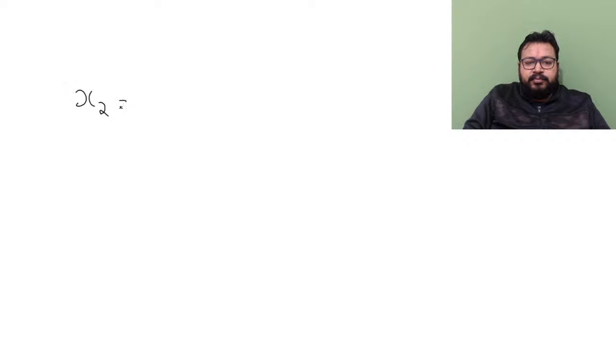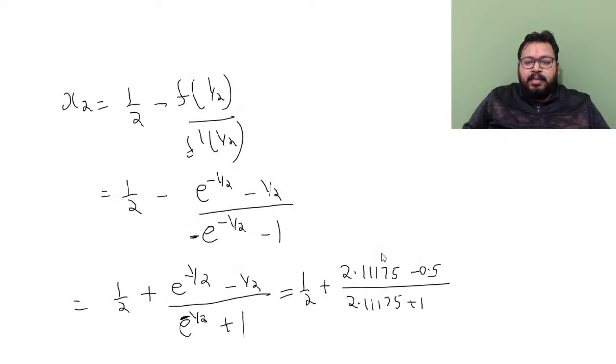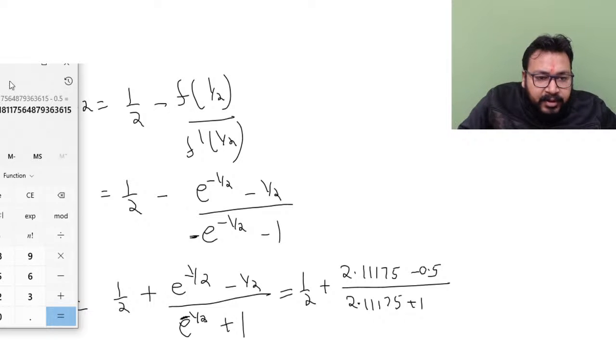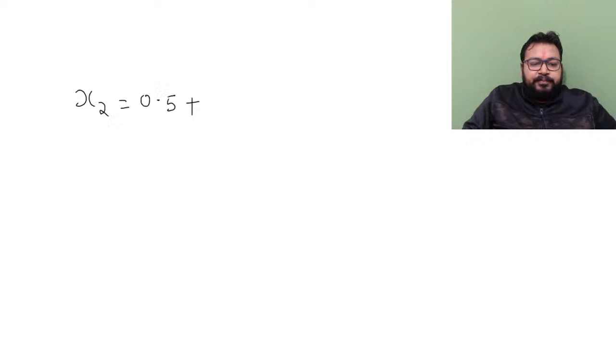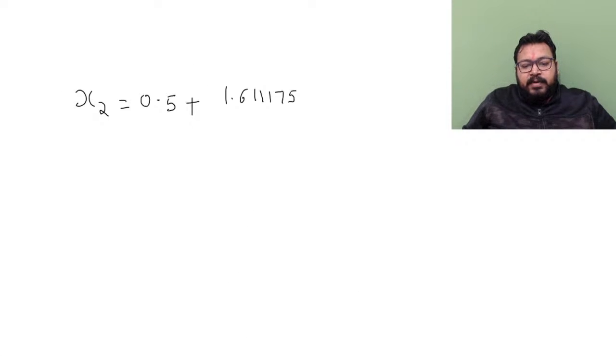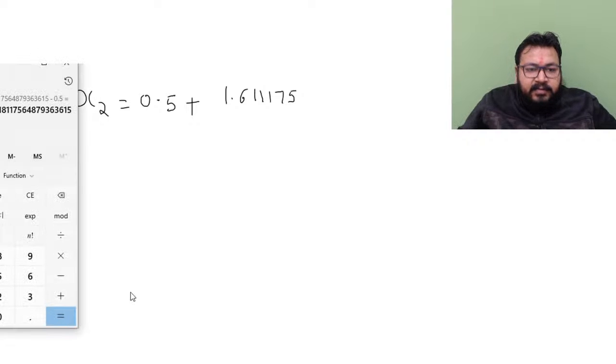So what is x2? It is half plus, minus 0.5 करेंगे, and that will be 1.6. वन नहीं आएगा इस बार, 117 आएगा.